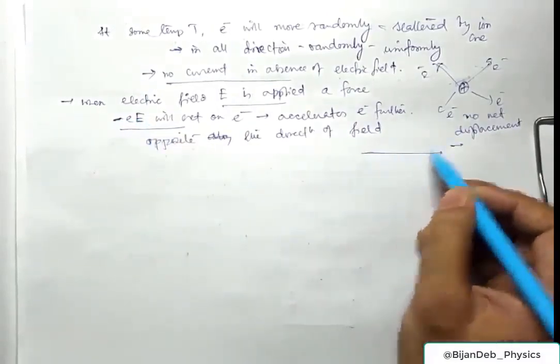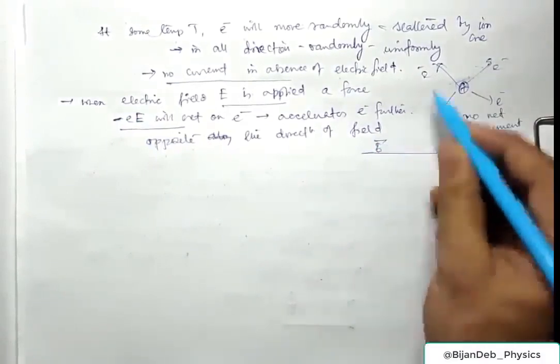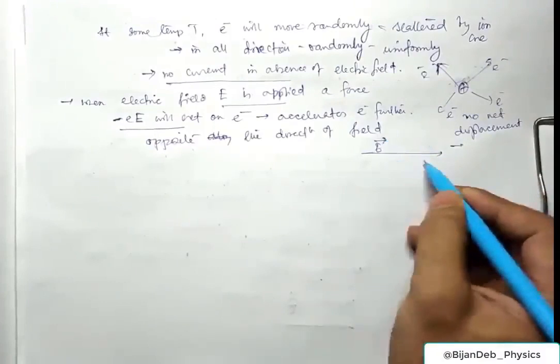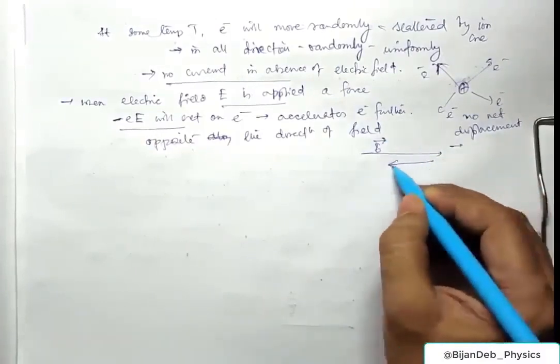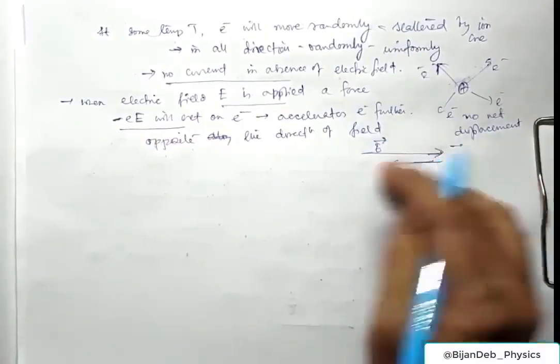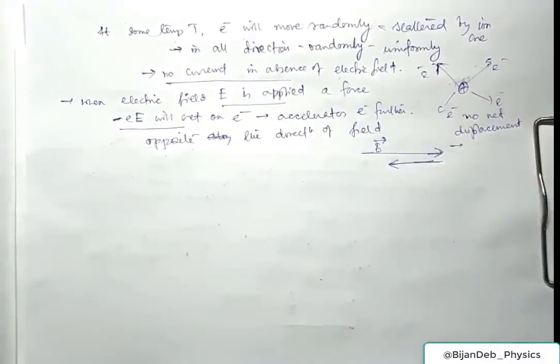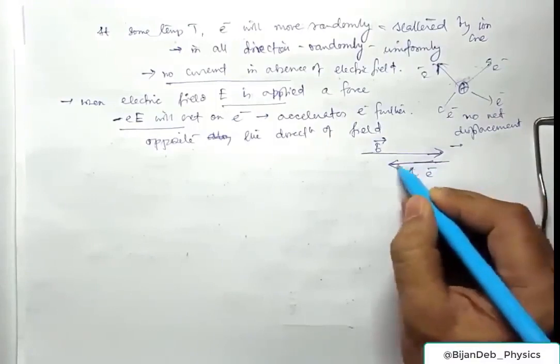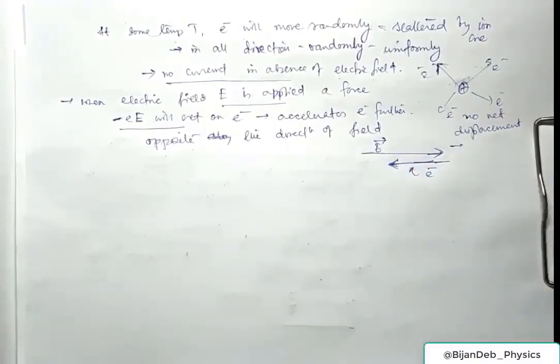So if an electric field is given, the electron, which earlier was moving randomly, will now move in a uniform direction. If the electric field is applied along this direction, the electron will move in the opposite direction.